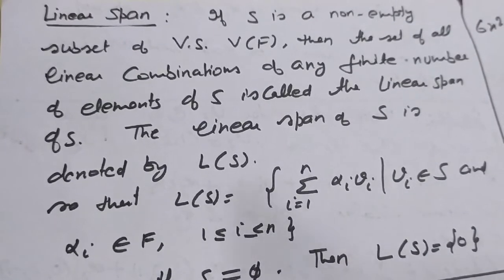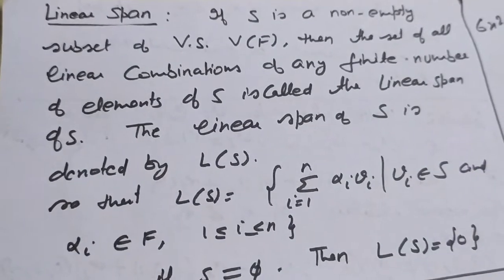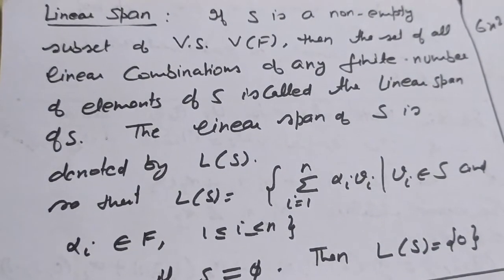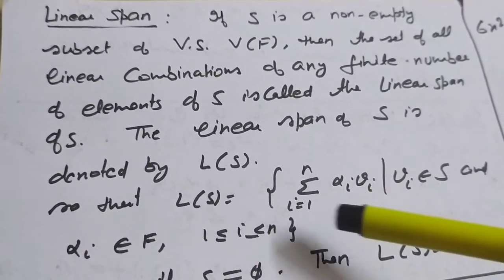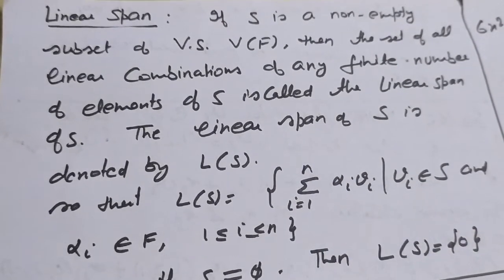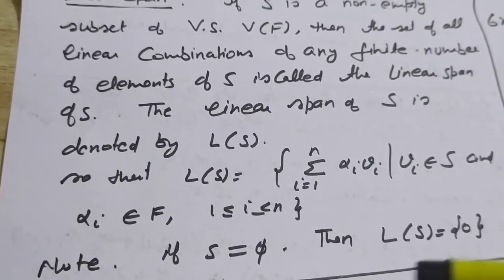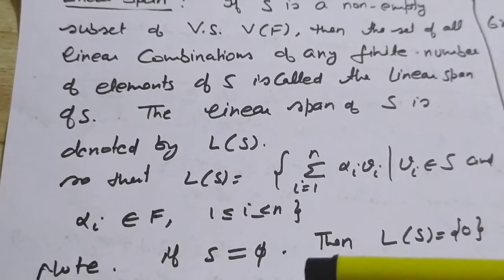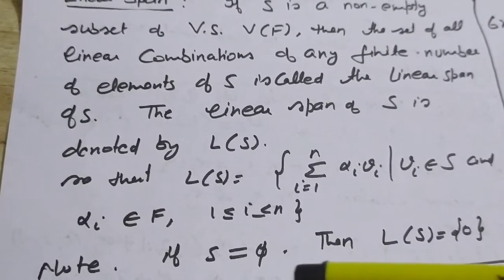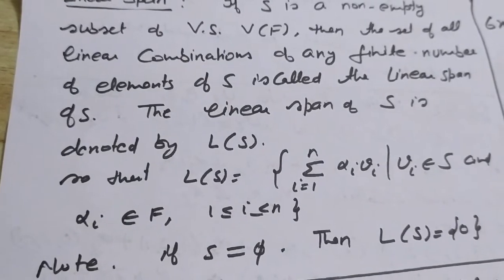But at present you can see that this set contains the elements which are linear combinations of elements of S. And this is the way we write the linear combination of the given vectors. You can keep in mind that when S is empty, the linear span of S contains only the 0 element.